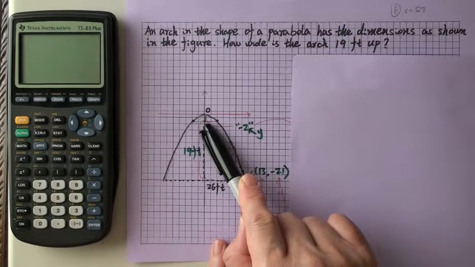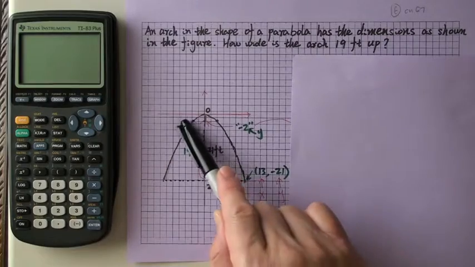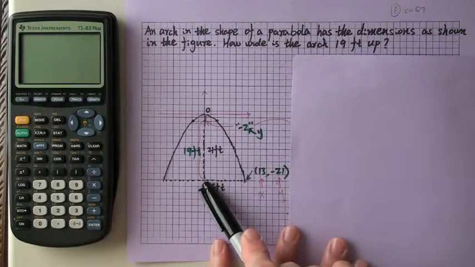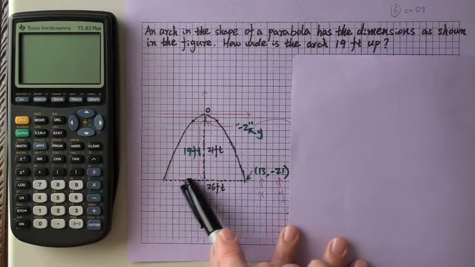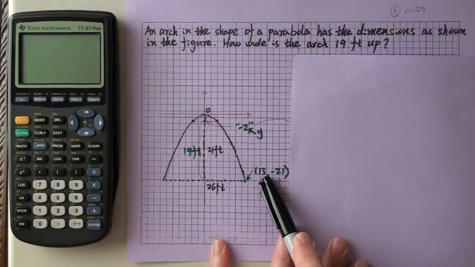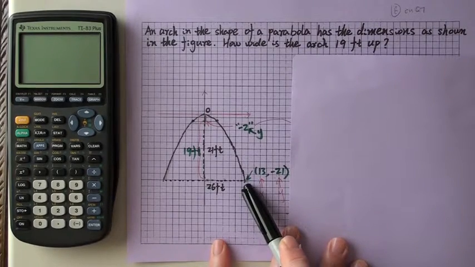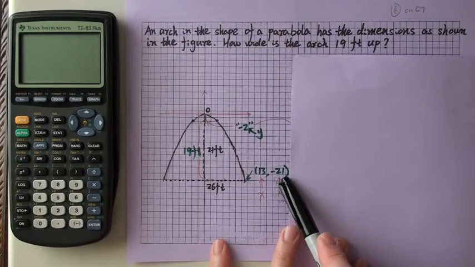Another thing is that when we have the xy coordinate in this way, this is 26, so half will be 13. So this point, the x coordinate will be 13, but the y coordinate will be -21.